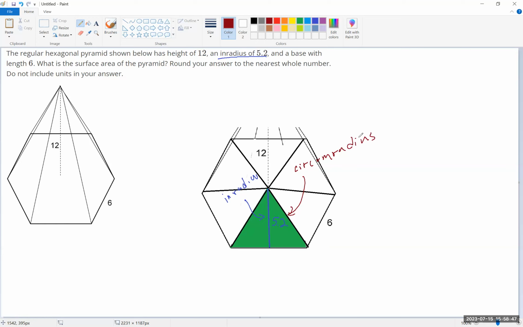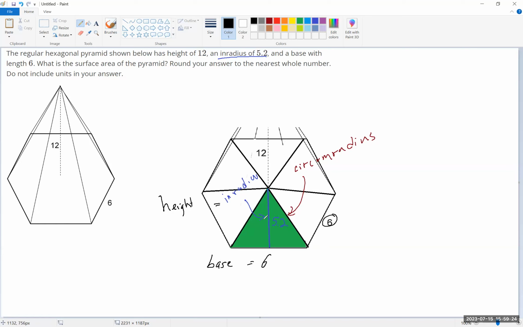Okay, so the in radius is important to us because it's going to actually be the height of our green triangle. The base of the green triangle, well, let's just add 6. So that's the base.